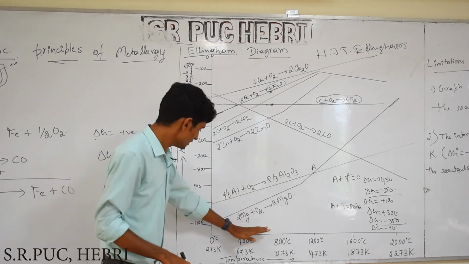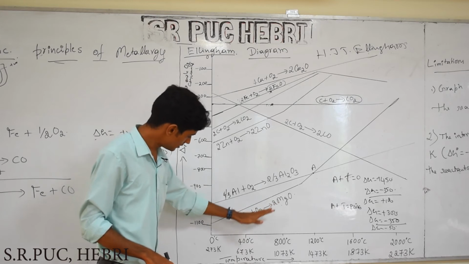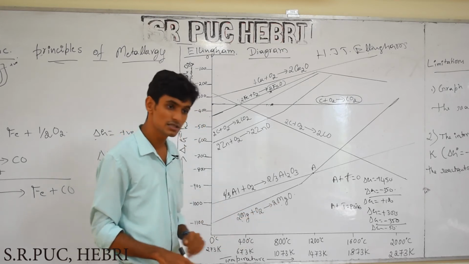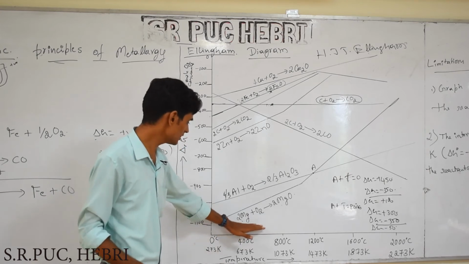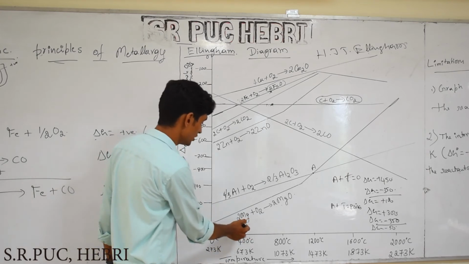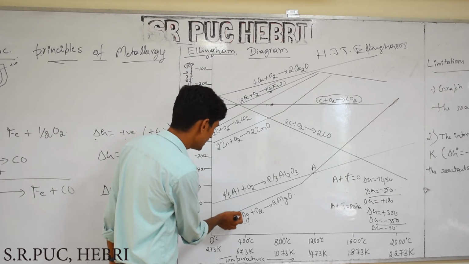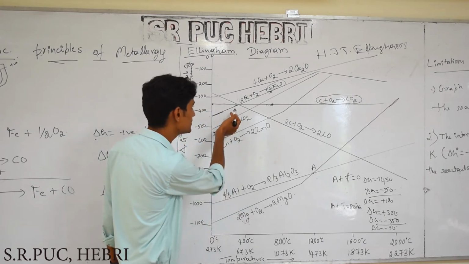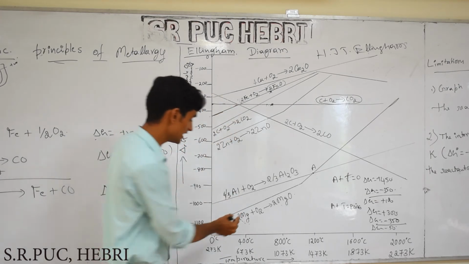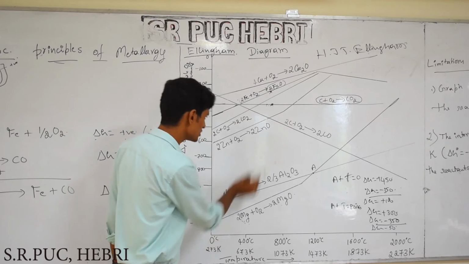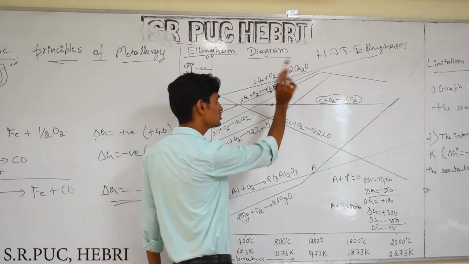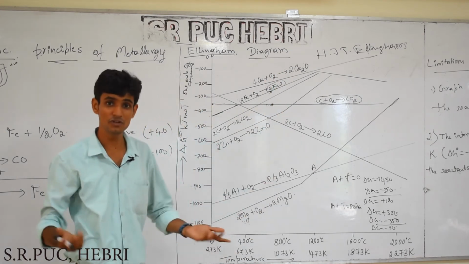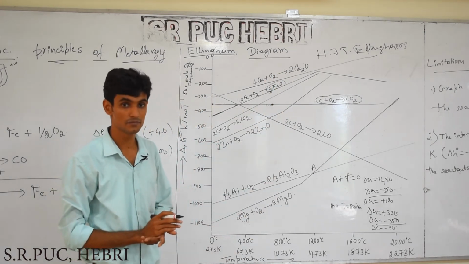Now the metal lying at the bottom end of this graph is magnesium. This magnesium can reduce any of the oxides present above it. That means magnesium can reduce zinc oxide, iron oxide, copper oxide, any of the metal oxides.